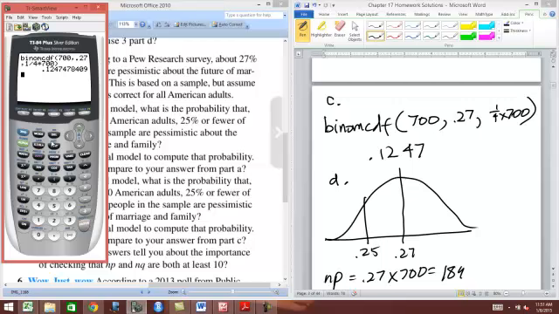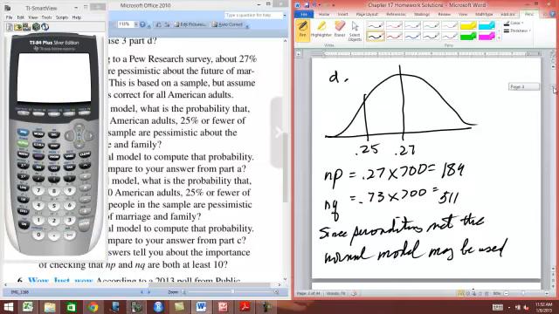Now let's save this because we're going to make a comparison between the answer for C and the answer for D. So I'm going to store this in memory location A. Okay, now let me clear this, and we'll go on and use the normal model.